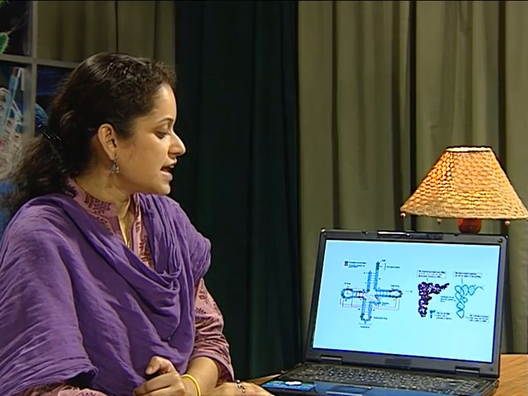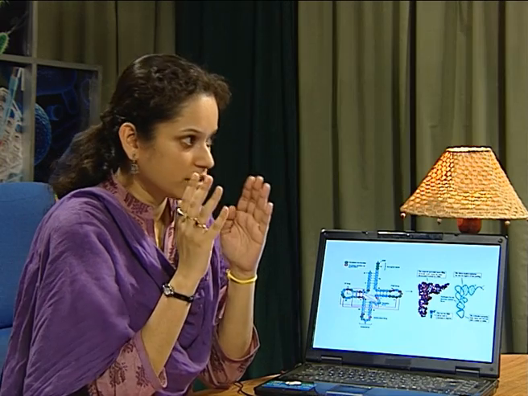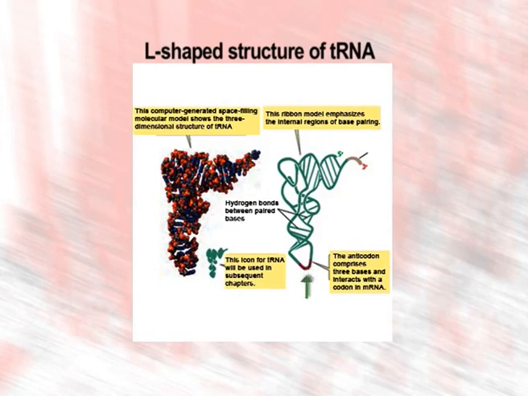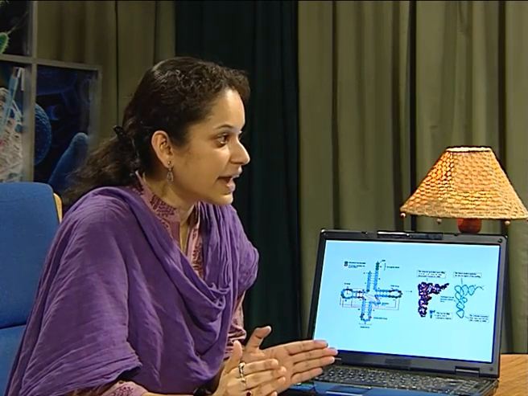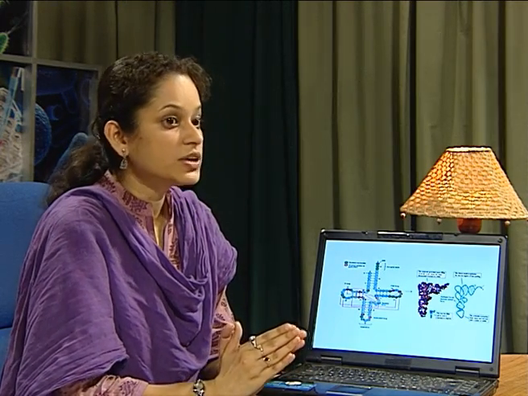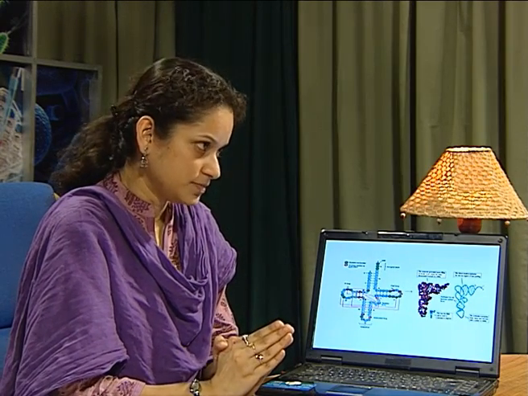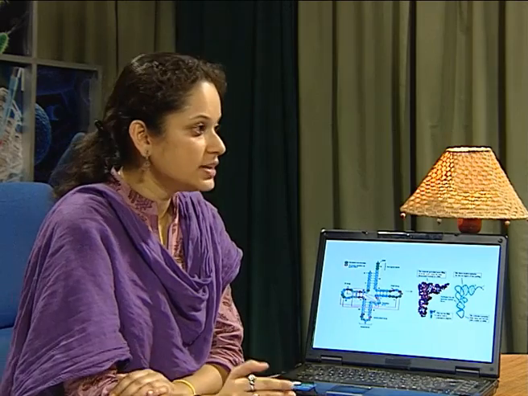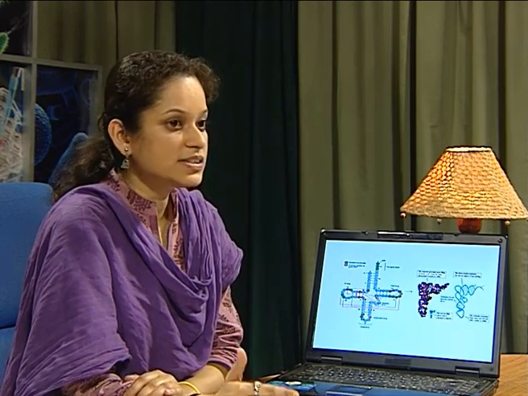Due to this L-shaped structure, the anticodon loop and the acceptor arm are at the opposite ends, and there is maximized base stacking in the L-shaped structure to promote hydrophobicity of the bonds.